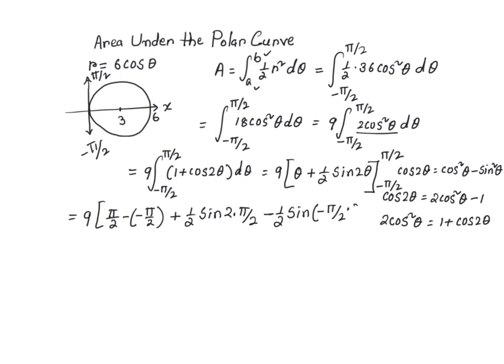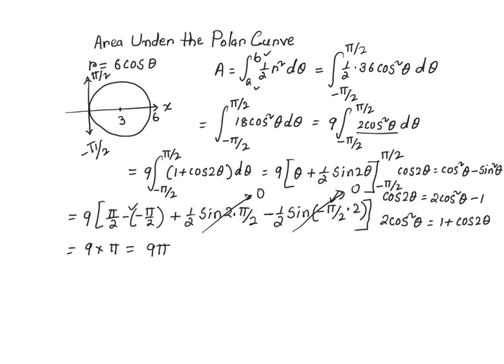Actually there is a 2 here, and by the way, this is also going to be 0 because sine of negative pi is going to be 0. So if I ignore this one and this one, this goes to 0 and this goes to 0. So I'm left with 9 times pi over 2 plus pi over 2, which is just pi. So this is going to be just 9 pi.